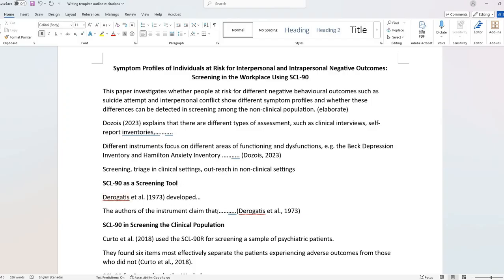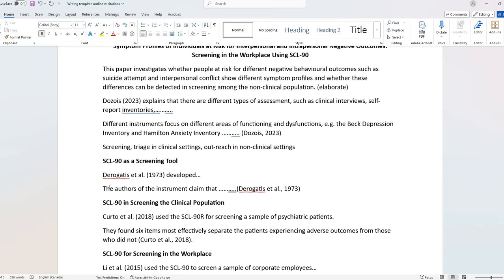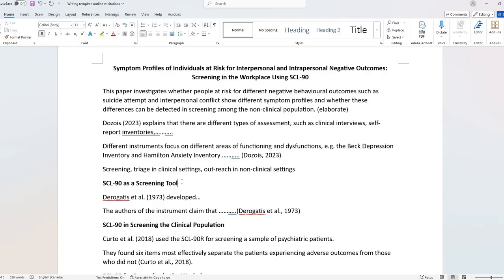In this section, I want to discuss the instrument, the scale, the questionnaire. In APA style, this is how you write a level 2 heading. It's flush to the left, and then you have title capitalization. Certain letters are capitalized. It's also in bold. Second level heading, bold print.